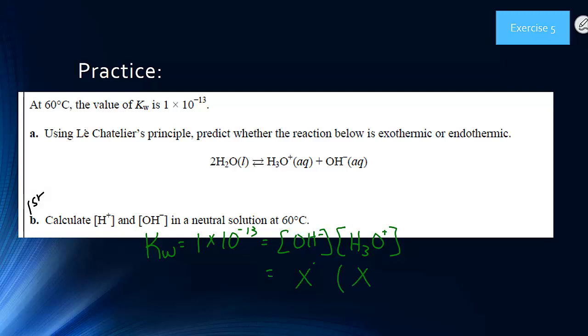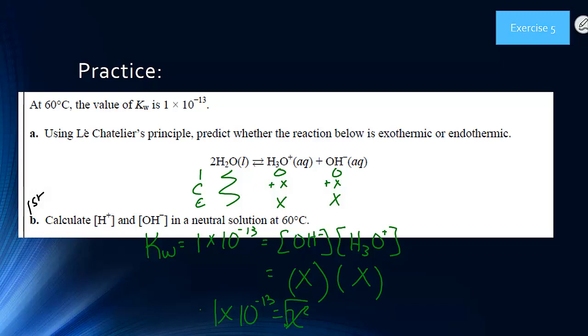So x and x, based off of our RICE table, seen above. So doesn't 1 times 10 to the negative 13th have to equal x squared? So if we take the square root of both sides, we get 1 times 10 to the negative 6.5.